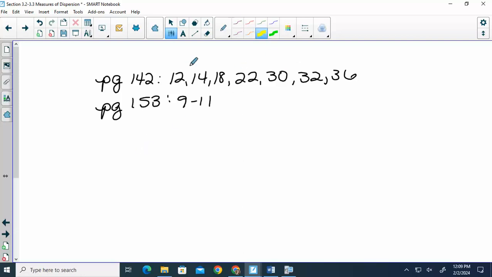You can probably do the first 4 for sure. Yeah, probably just the first 4 right now. And I want you to do at least 1 standard deviation by hand, and then you can use the calculator for another one. So I would say 14 would be probably the easiest one to do by hand. So 14, let's say you have to do that one by hand. The others you could do by hand if you really wanted to, or you could do the calculator.